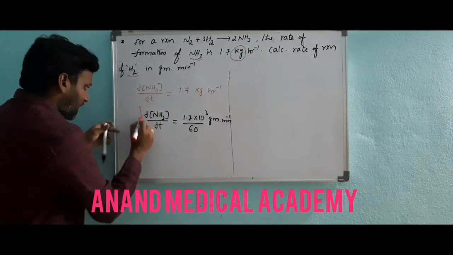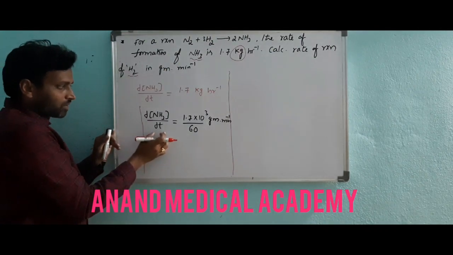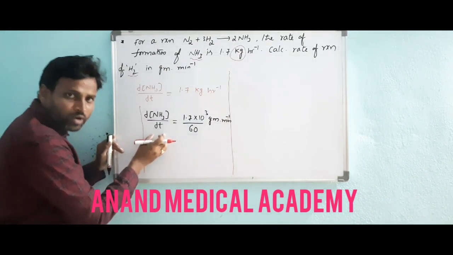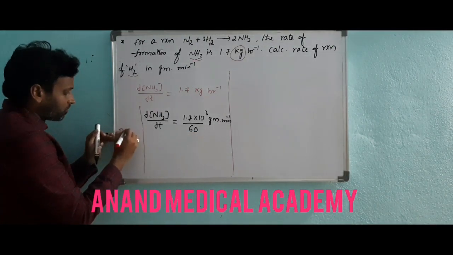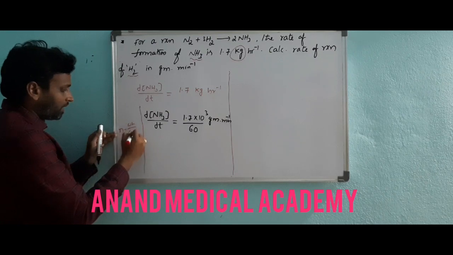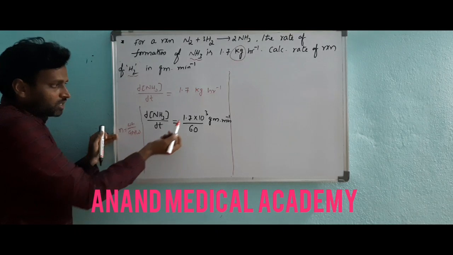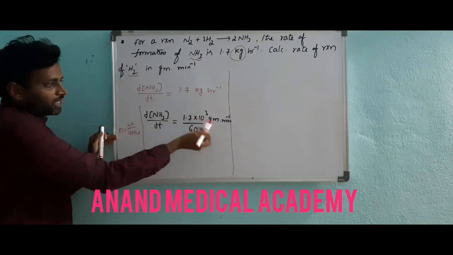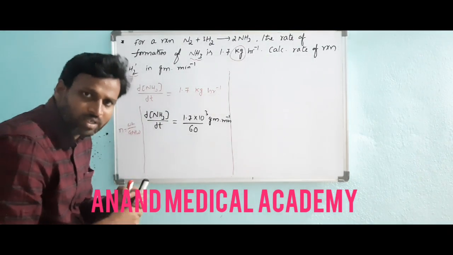Now, when asked in terms of grams for others, first you have to convert this rate with respect to ammonia into moles. How to convert to moles? Number of moles means what? Weight by gram molecular weight. What is the weight? 1.7 into 10 power 3 grams. Gram molecular weight of ammonia? 17. That you have to consider now.